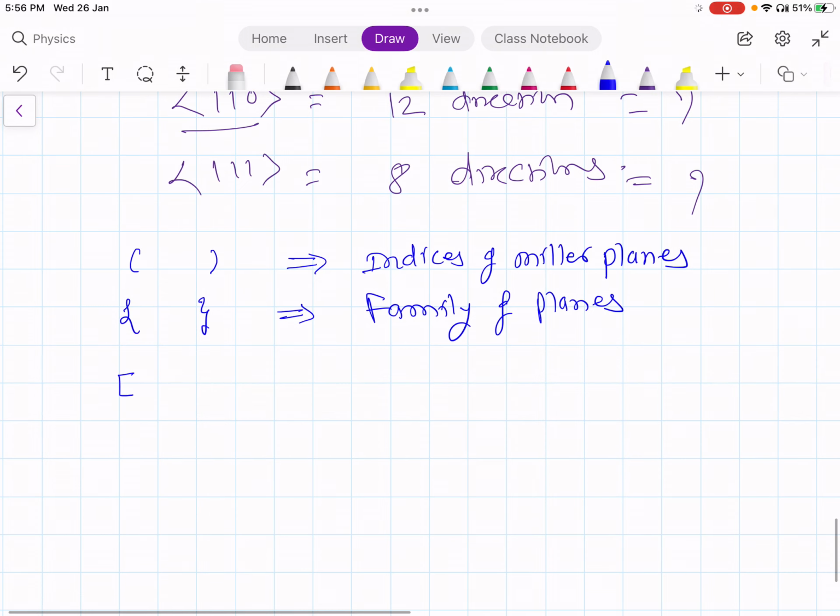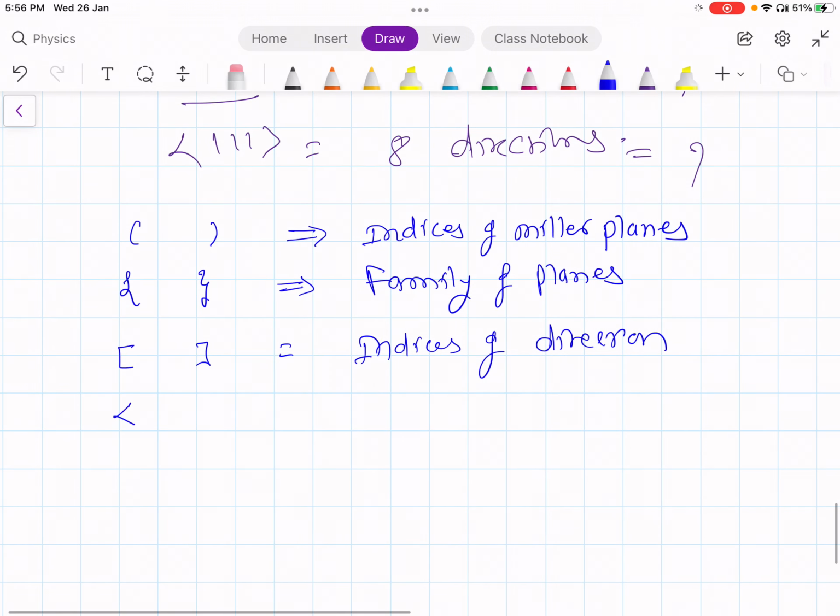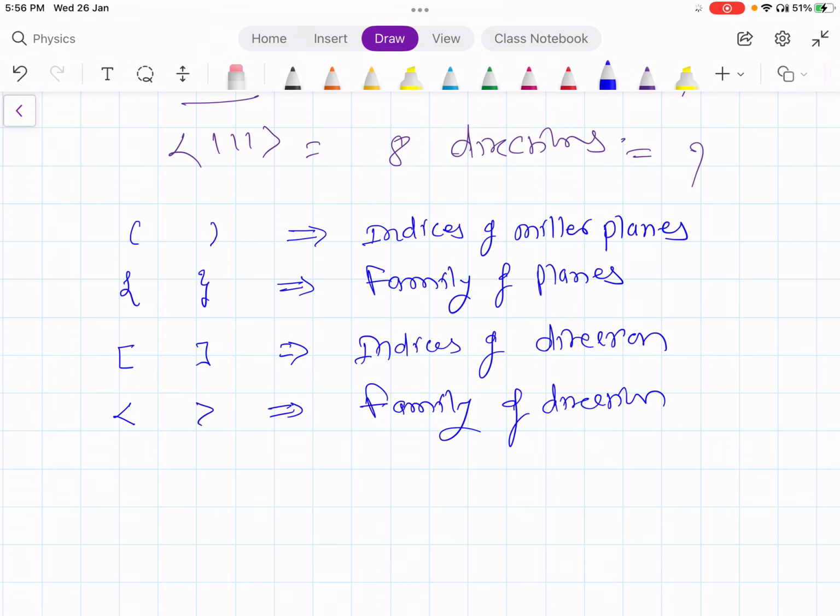If there is a square bracket, then it is indices of a direction. And if it is a bra and ket bracket, then it is family of directions. So every time you need not say that this is the Miller indices of plane or the Miller indices of direction. The bracket itself indicates whether it is a plane or a direction.